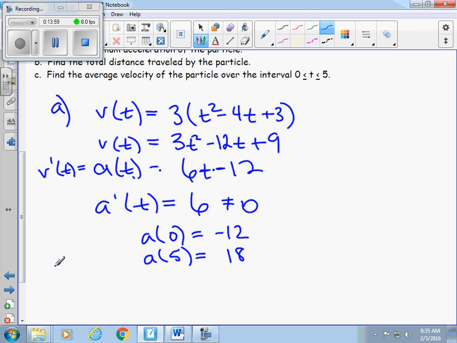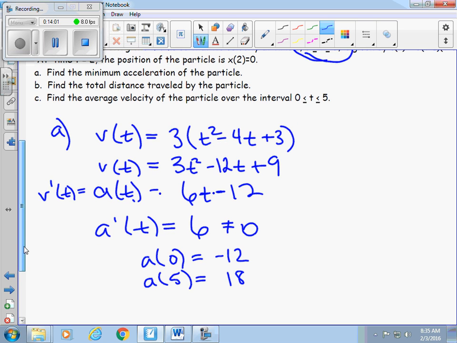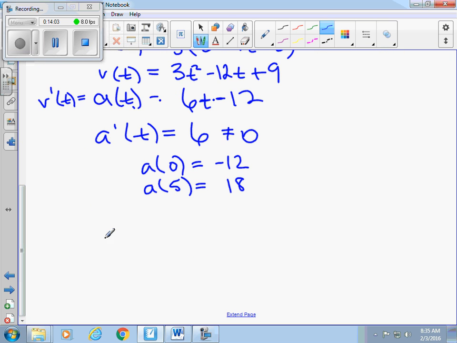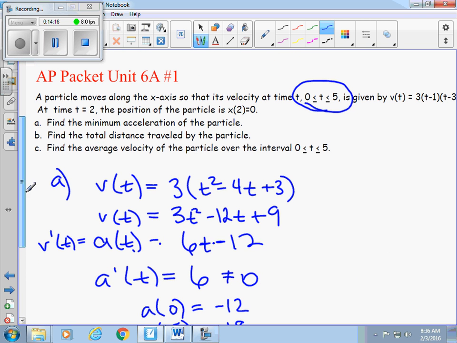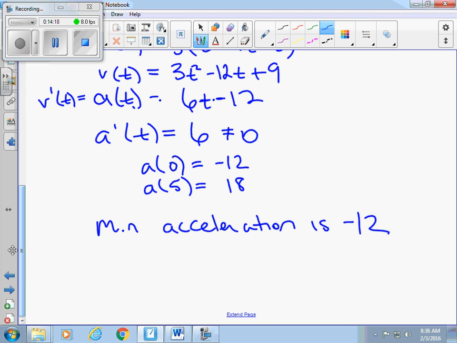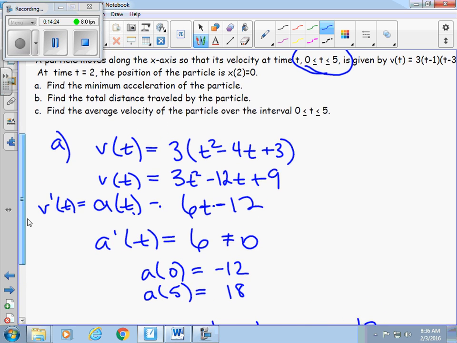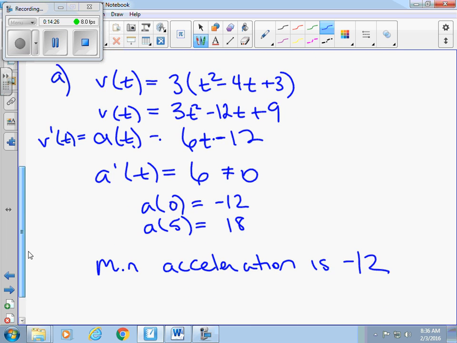Good. So let's go back and read the question. Find the minimum acceleration. The minimum acceleration is negative 12. Did this give us units? No. If it did, we would say feet per second squared, or whatever. Do you lose the units on the AP test?